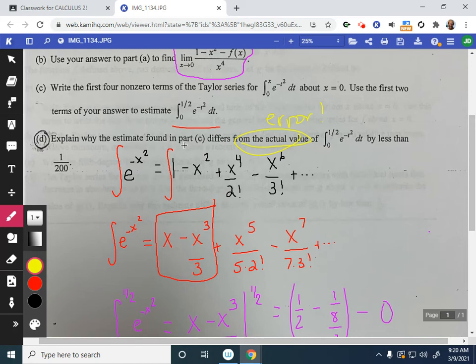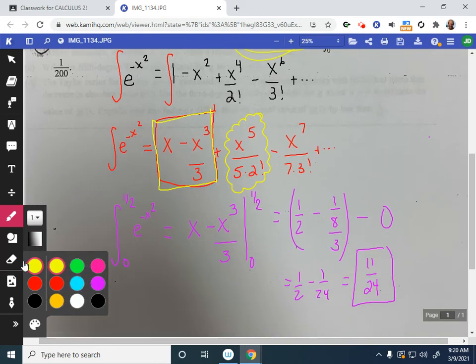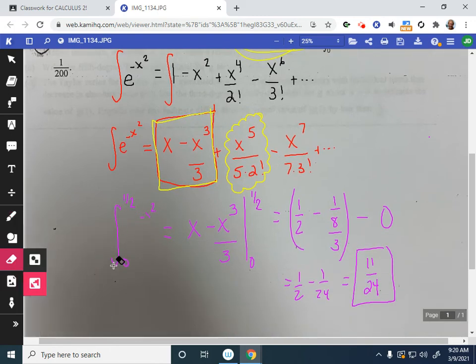So explain why the estimate found in part C. All right, well, the estimate found in part C used only the first 2 terms. So they used a 3rd degree Taylor polynomial, which happened to be the first 2 terms because the squared one was 0. So to find the error, I am just using the next term, which is right here. I don't have to do a whole lot of complicated stuff.